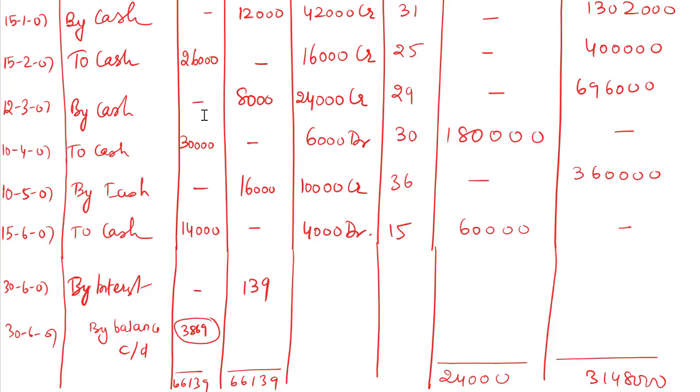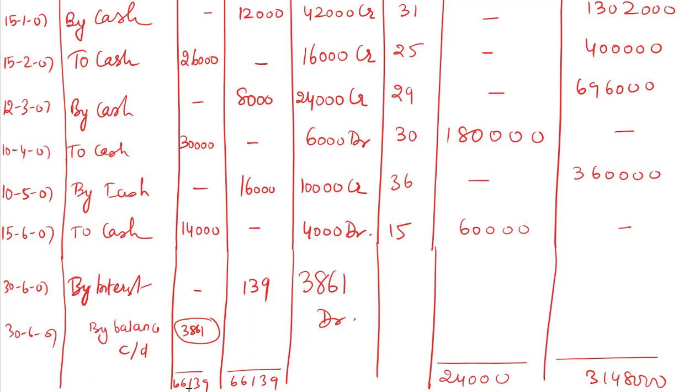It is debit, so in the cumulative balance, 3861 debit, 3861 here in the debit side, so 3861 debit in the cumulative balance.